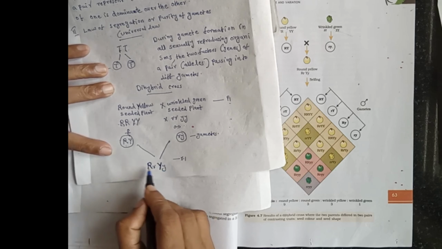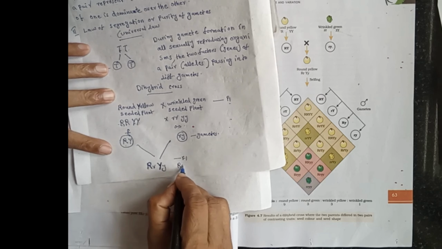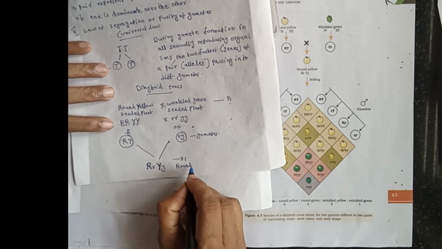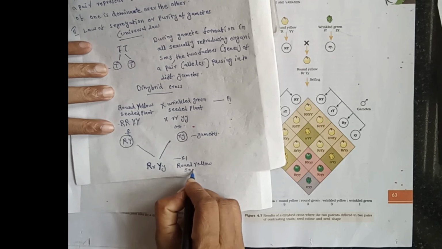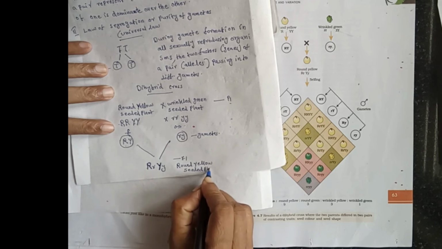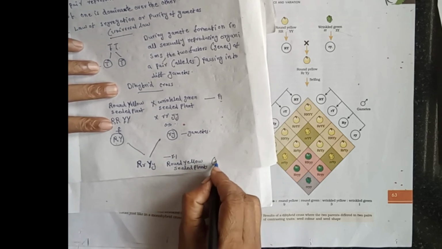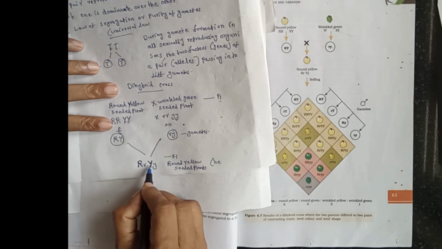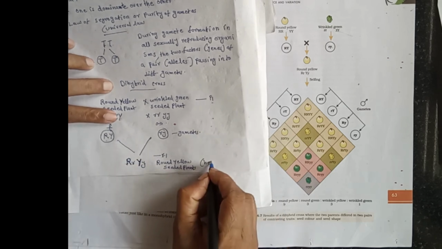So in this heterozygous condition we get round yellow seeded plants as F1. All of them are heterozygous. Here two types of genes represent each and every character. So it is heterozygous.